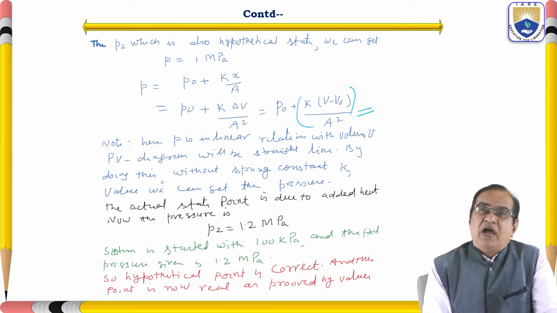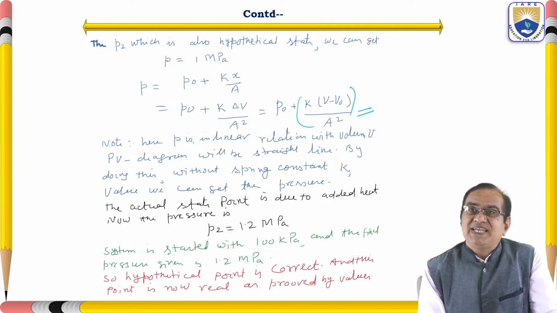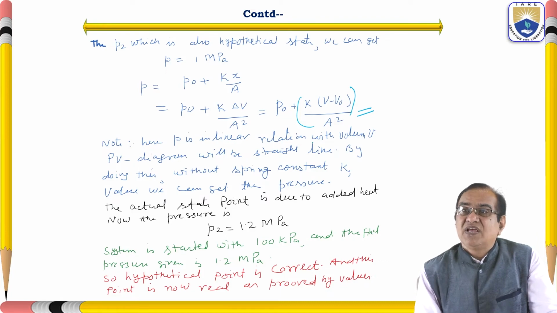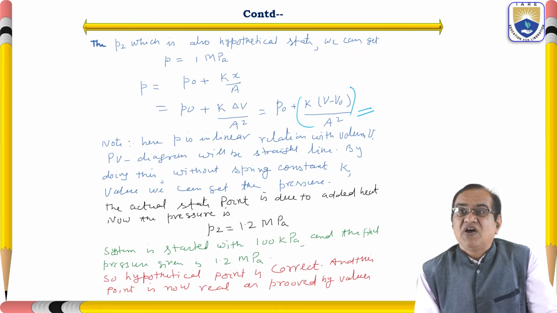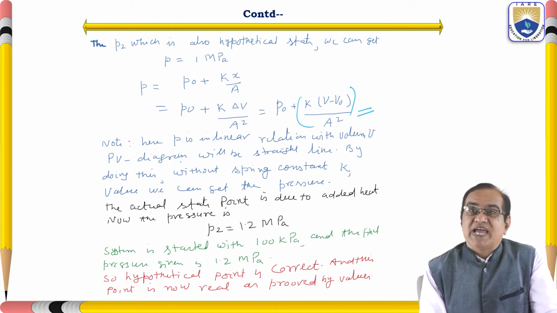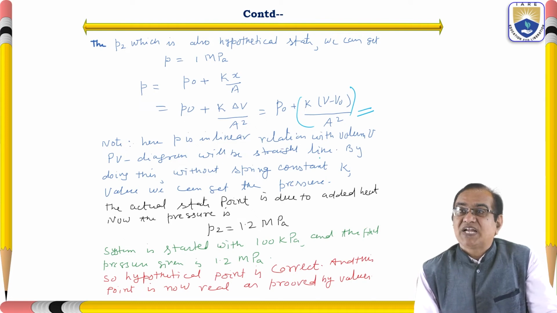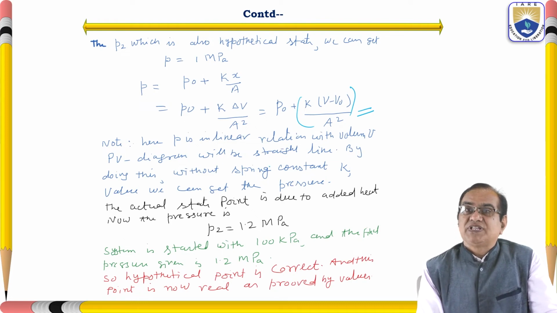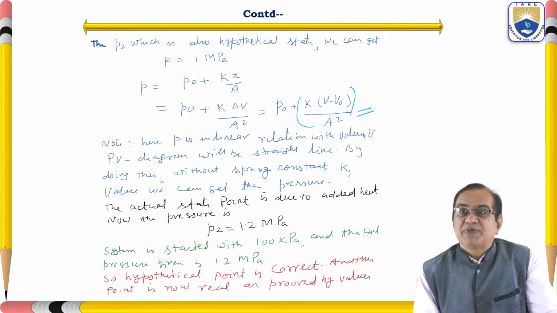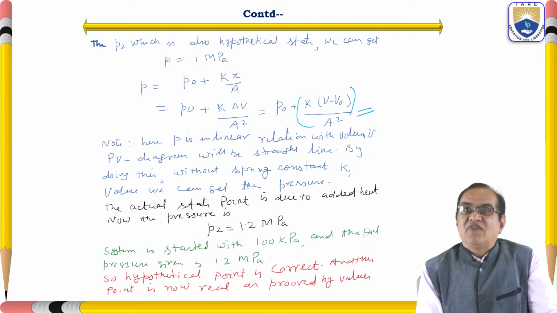Here we should note that P is in a linear relation with the volume V. So in the PV diagram it will be a straight line. By doing this, we can get the pressure without the spring constant K value.